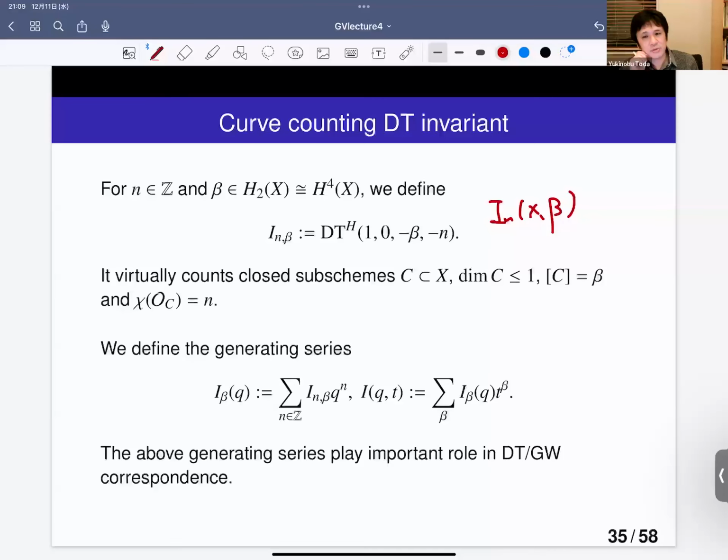It virtually counts closed subschemes C with dimension of C less than or equal to 1, homologous to beta, and Euler characteristic n. Then this is an integer valued invariant, and we define the generating series in this way. In the original paper by Maulik, Nekrasov, Okounkov, and Pandharipande, they use this generating series to formulate the correspondence with Gromov-Witten invariants.